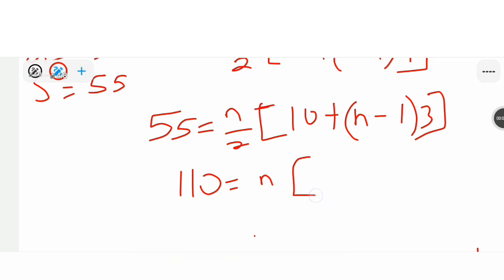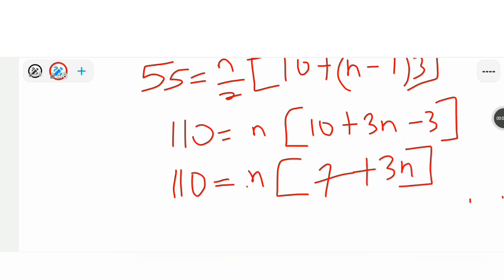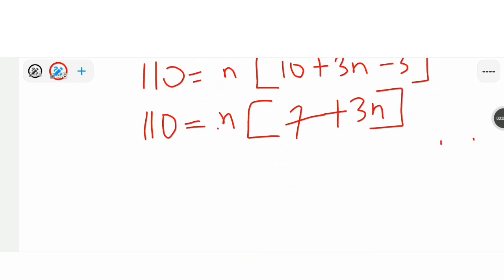You have n here, 10 plus, let this 3 enter here, 3n minus 3. 10 minus 3 is 7. So 110 is equal to n times 7 plus 3n. Expand, open the bracket with n. That will be 7n plus 3n squared.